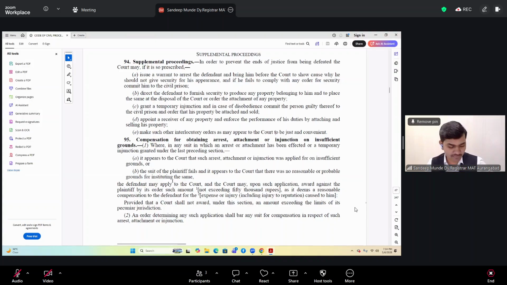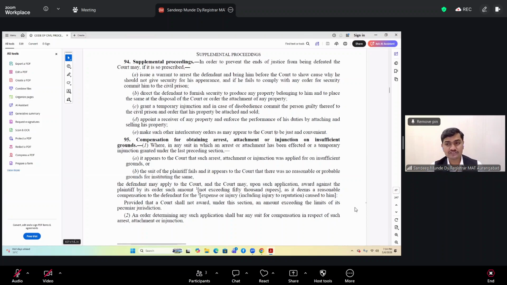Order 23 permits the withdrawal and adjustment of suits, in which the concept of transposition, bar to suit, and when there is a representative suit, certain conditions apply; without leave of the court, you cannot withdraw or compromise the suit. Order 24, payment into the court: the defendant is at liberty, after he has got the notice, to deposit the amount into the court, and after deposit, interest will be stopped.